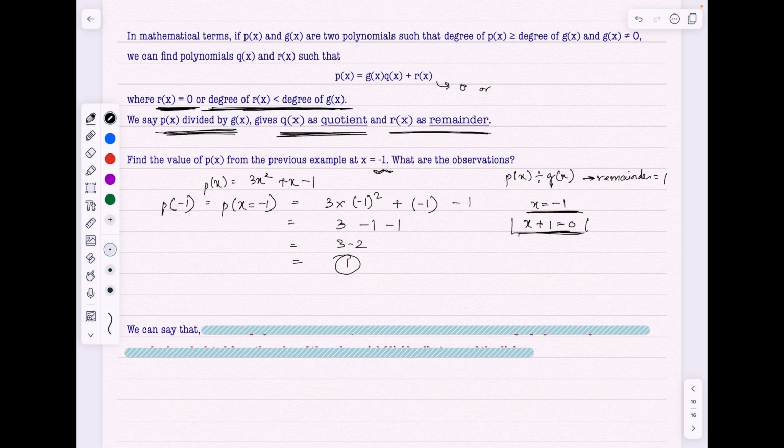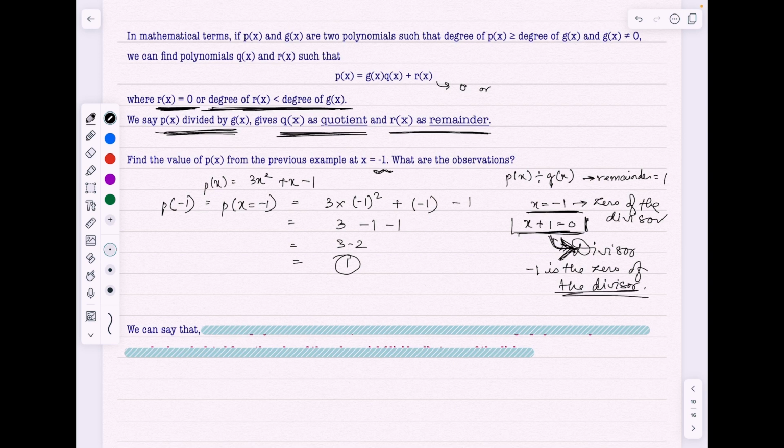This is the equation of the divisor. x plus 1 is the divisor. If I make the divisor equal to 0 and find the value of x, that gives us the zero of the divisor. So minus 1 is the zero of the divisor.